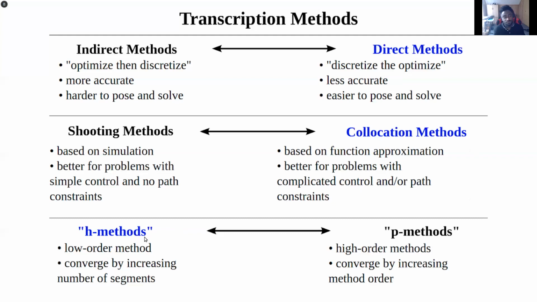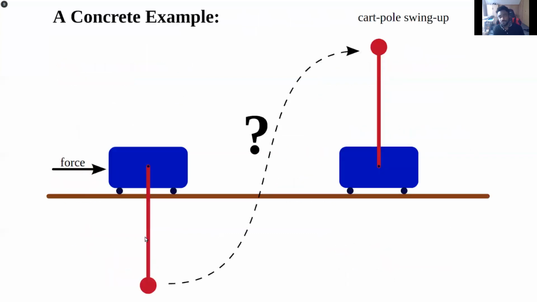H methods for interpolation. So a concrete example here is this trajectory optimization problem, where we want to come up with a sequence of torques or forces to apply to this cart pole, or to this cart, in order to get the pendulum from this down position to this top position. That's like to get it to be 90 degrees with the cart.